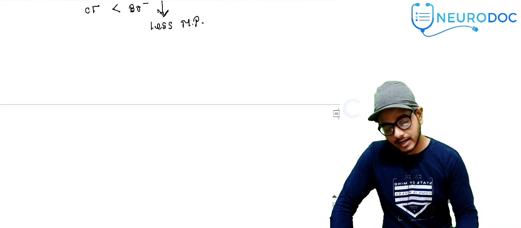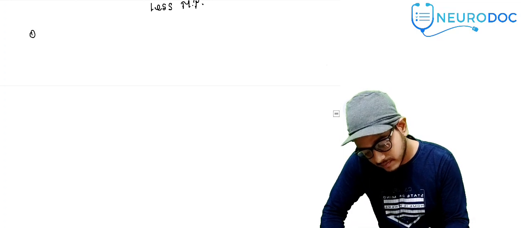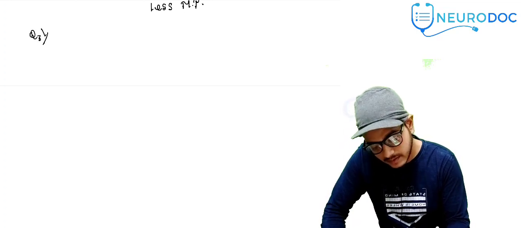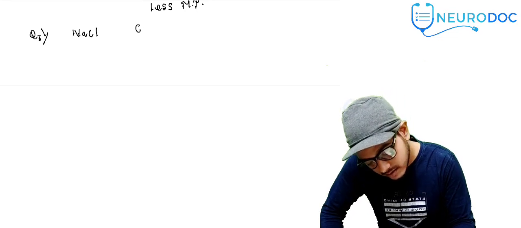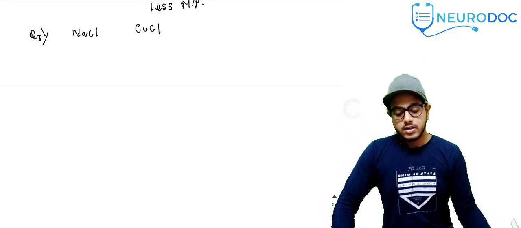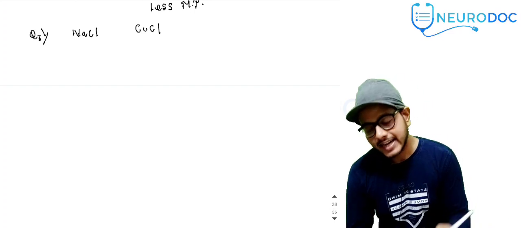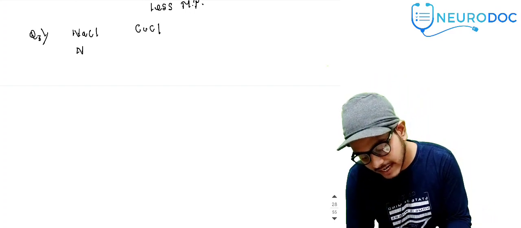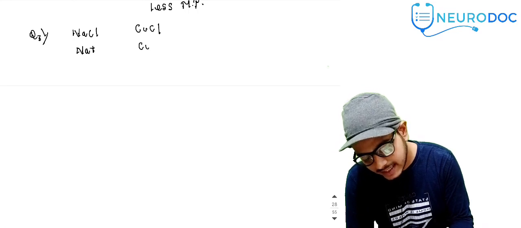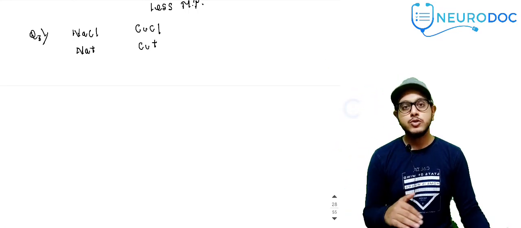Again, I take another example. Sodium chloride and cuprous chloride. You can see here the anions are same, Cl minus, but the cations are different. Here the cation is Na plus, here the cation is Cu plus. Now what do you think?